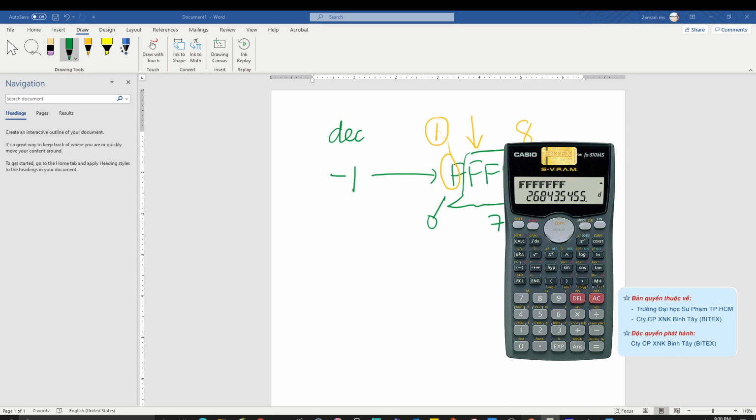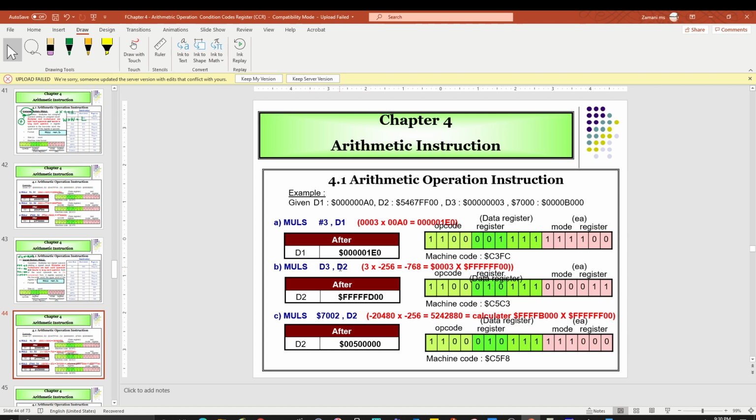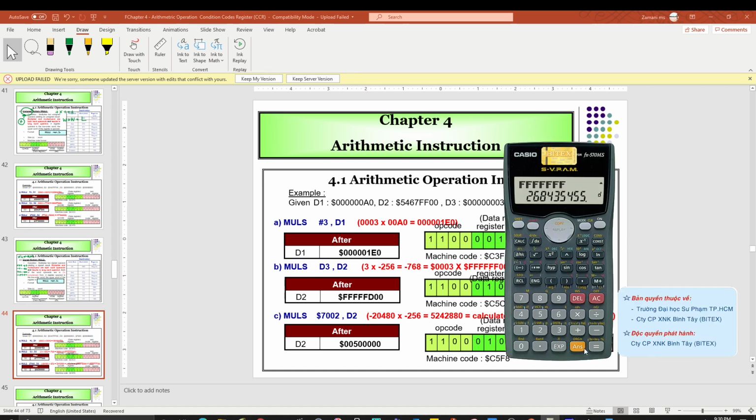So what happened here in this example? D3, D2. D2 is given as FF00. FF00 is a negative number, so you have to represent it with the whole upper part as all F. So now FF00 times D3.